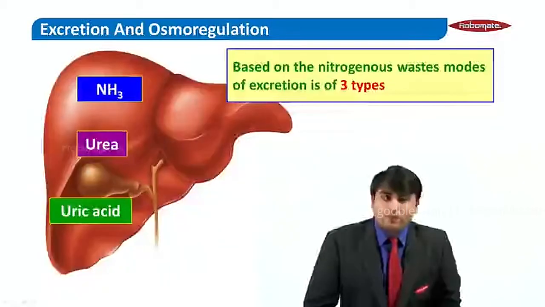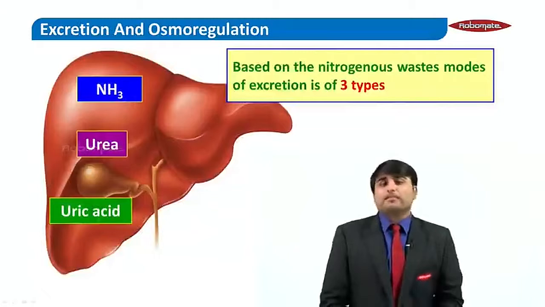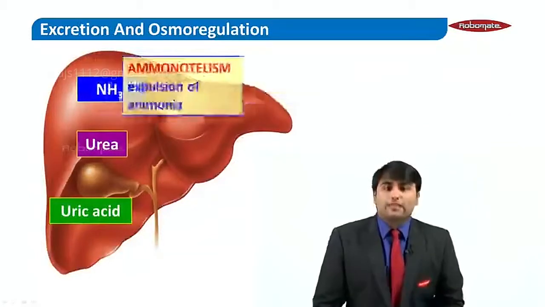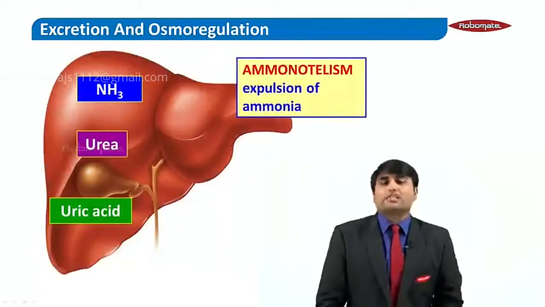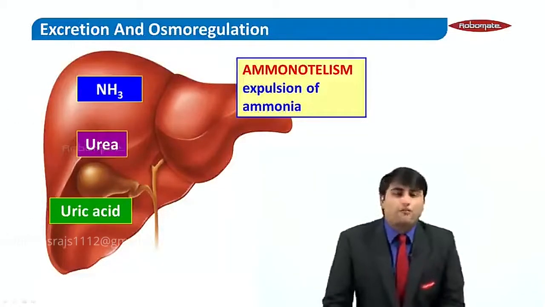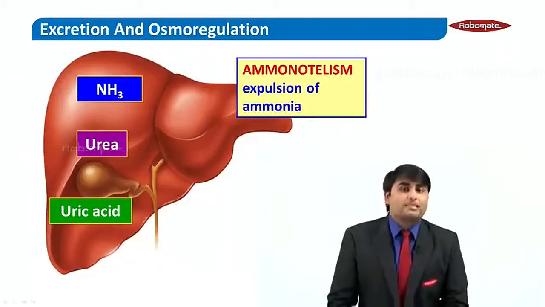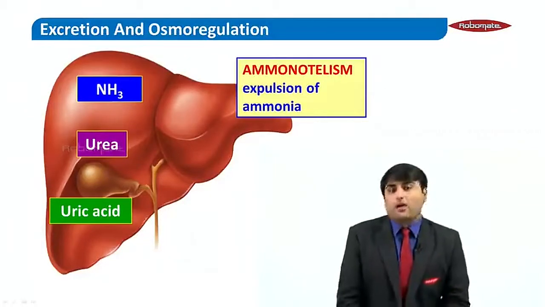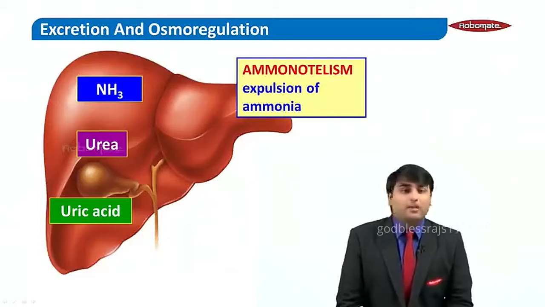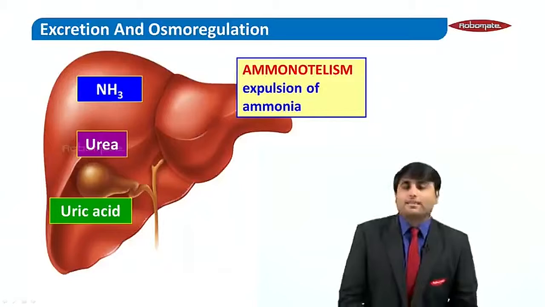Now, based on the nitrogenous waste, we have three types of modes of excretion. The first mode of excretion is ammonotelism, that is excretion of ammonia. Organisms excreting ammonia as their nitrogenous waste are called ammonotelic organisms, which show the ammonotelism mode of excretion.